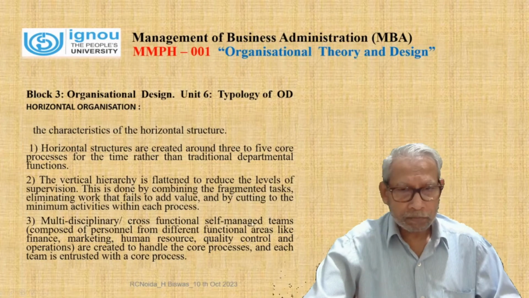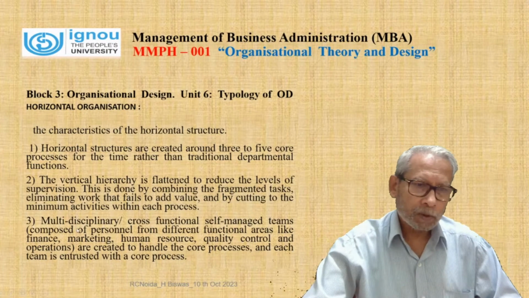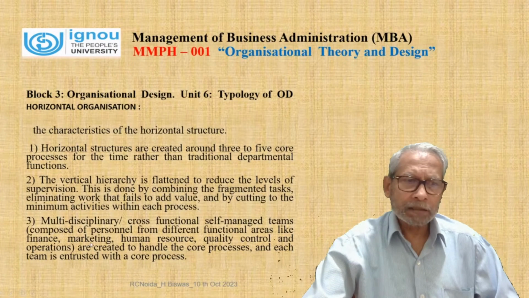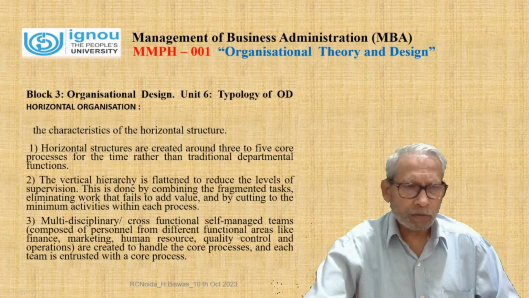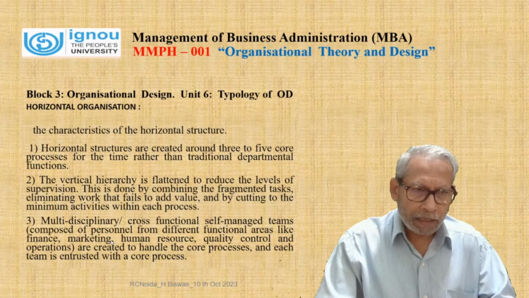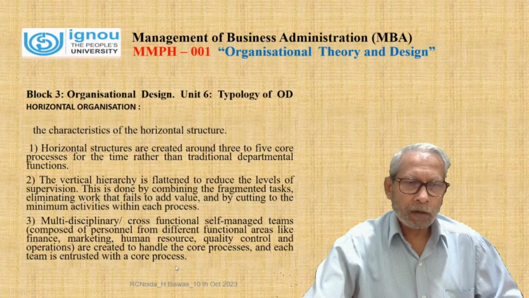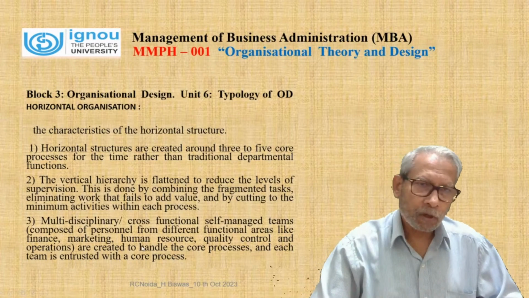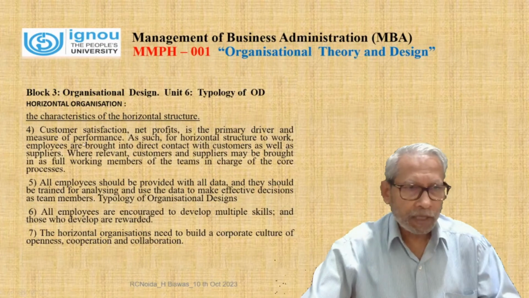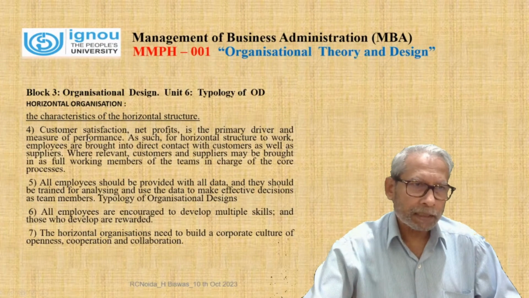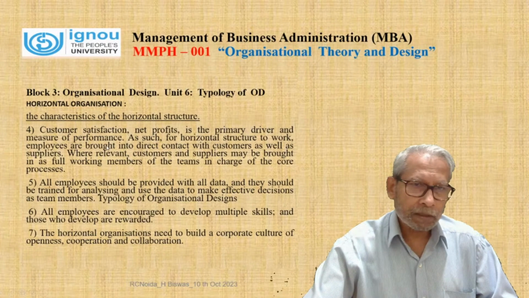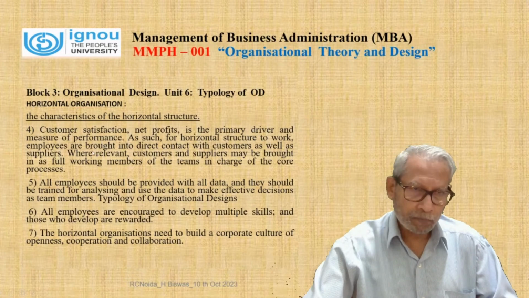Multidisciplinary, cross-functional and self-managed teams, for example finance, marketing, human resources, quality control, are created to handle the core processes, and each team is entrusted with a core process. Before the diagram, some areas: customer satisfaction and net profit are the primary drivers for horizontal structures to work better.